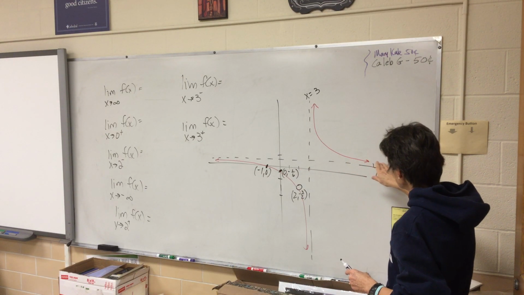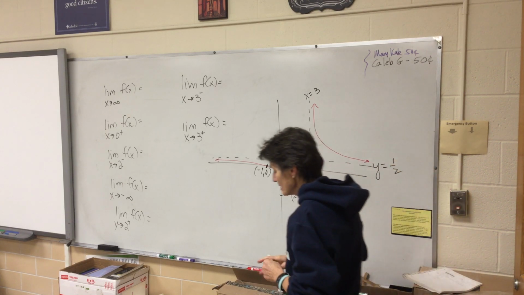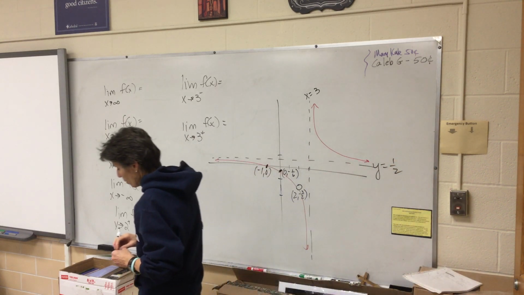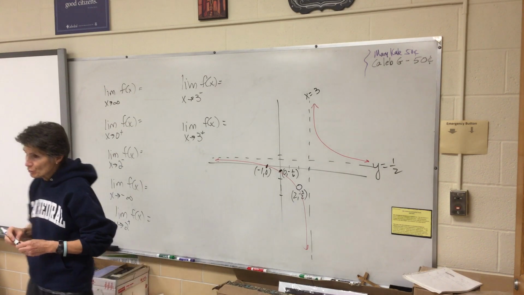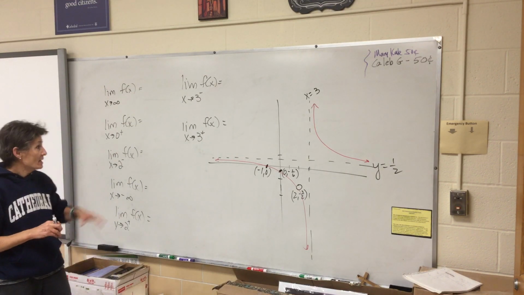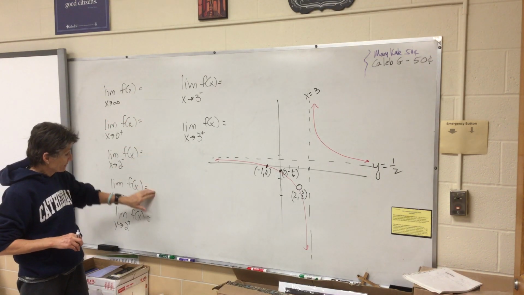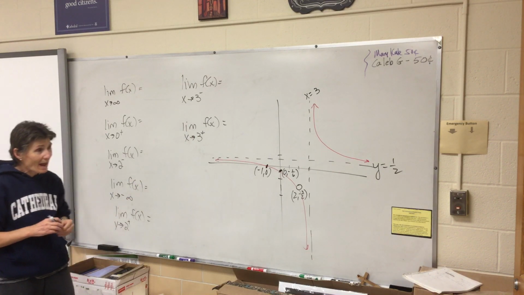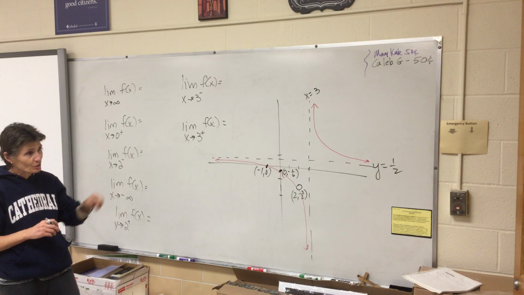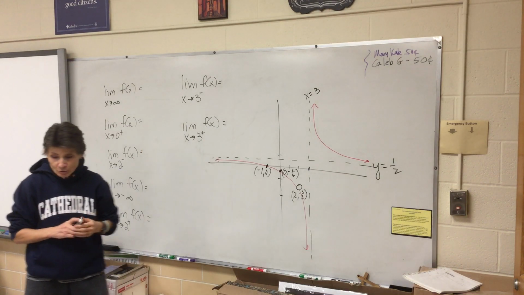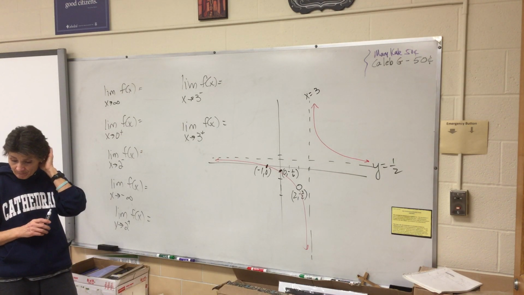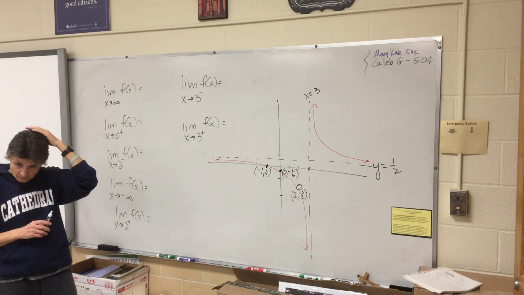So as you take your curve off the right side of the page, what is happening to your y values? These are all y values. The limits are all y values. What is happening to your y values as you go farther to the right on that picture? You get closer to the 1/2.